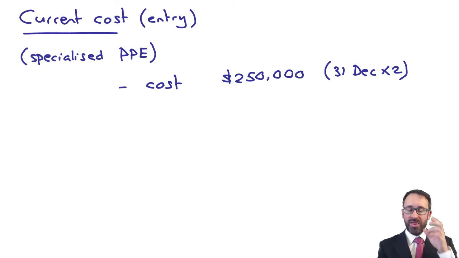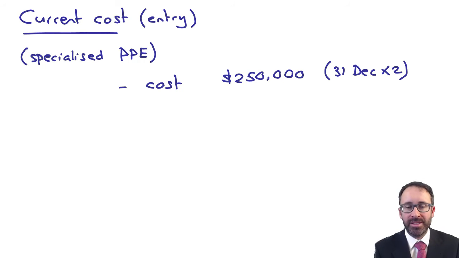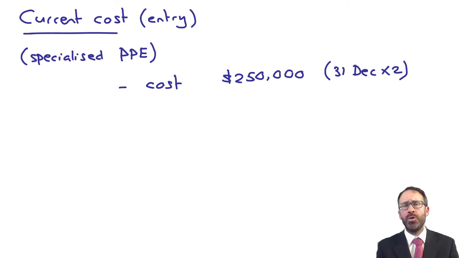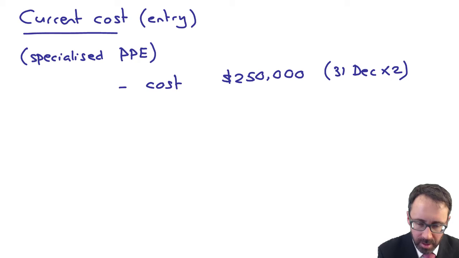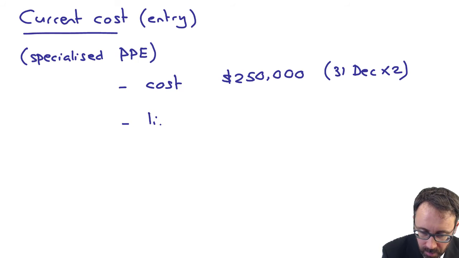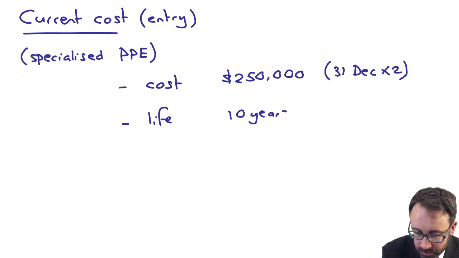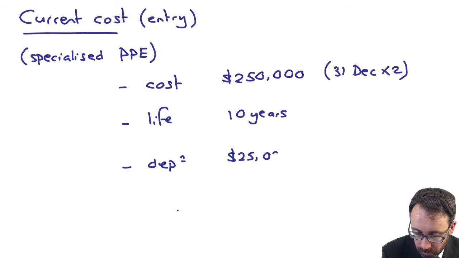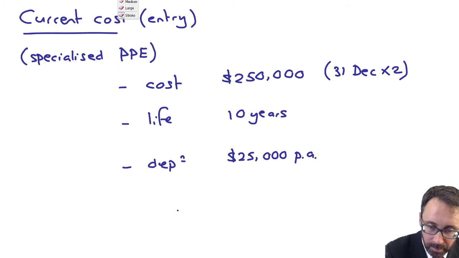But that's it, if you like, as new, isn't it? This asset that we've got here is 2 years old. So what would a 2-year-old asset be worth at current cost? Well, the life we know was 10 years. So if that was the case, the depreciation that we would have charged would be $25,000 per annum.